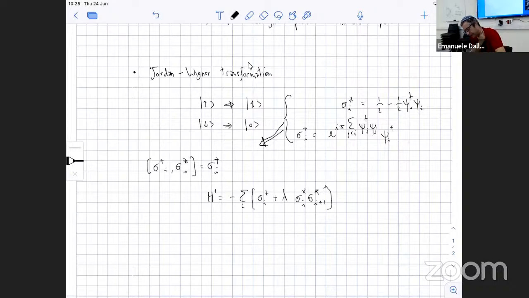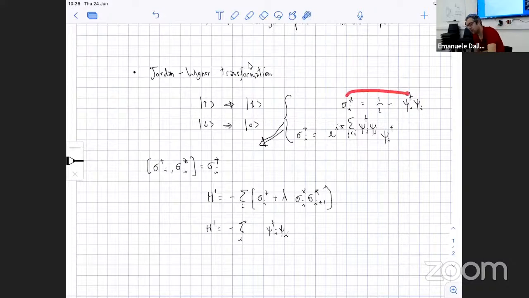So what is H prime in the fermionic language? It's minus sum over i of sigma z i, which is basically psi dagger i psi i up to a constant, but who cares about the constant. It's either 1/2 if there is no fermion, or 1/2 minus 1, which is minus 1/2.